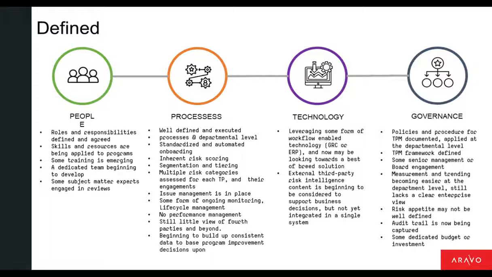Now, there are still some silos that might exist at this stage, but typically there are consistent approaches to onboarding and inherent risk assessments being conducted across multiple risk domains, be that ABAC, anti-bribery, anti-corruption, compliance, or information security questions. You might have data privacy questions, depending on the product and service that your third party delivers.